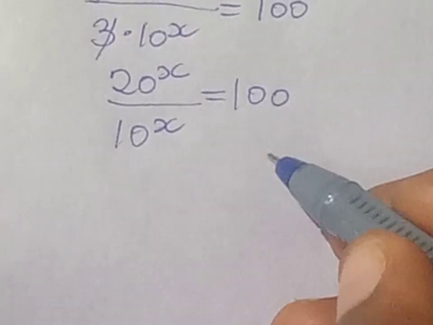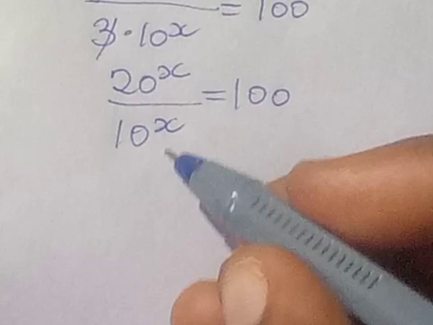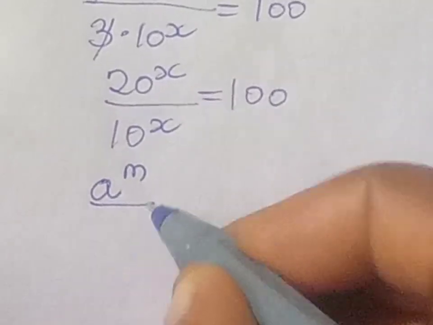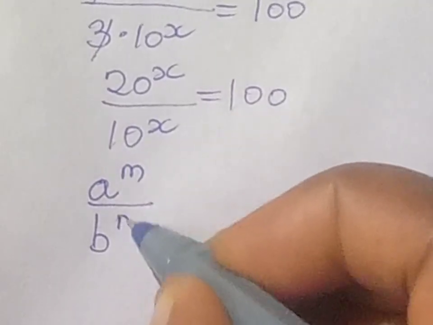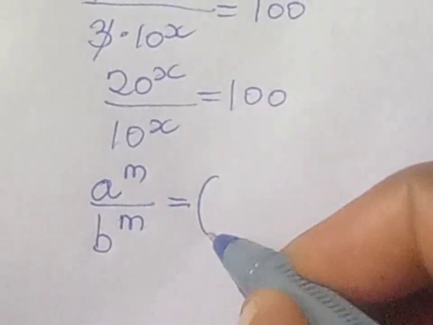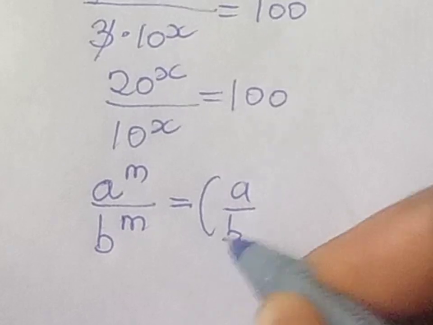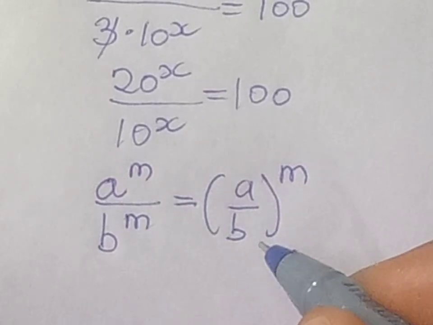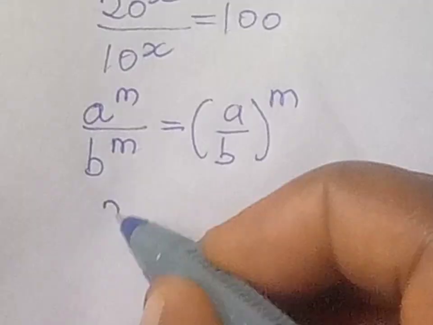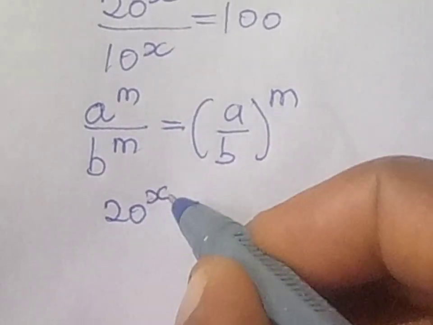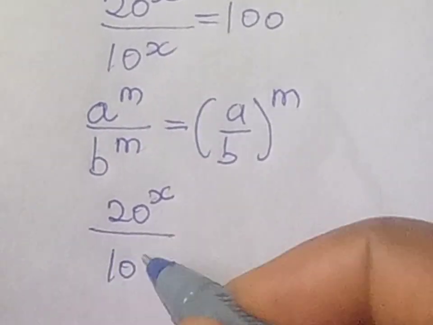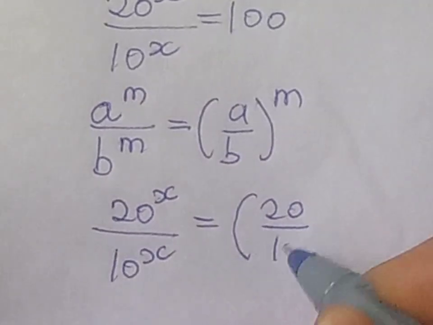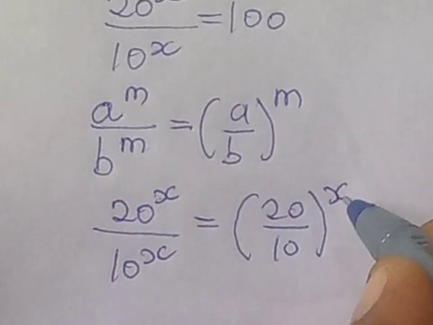Let's recall an important exponent law which says a^m divided by b^m gives us (a divided by b) raised to the power of m. Now let's apply it here. 20^x divided by 10^x equals (20 divided by 10)^x.